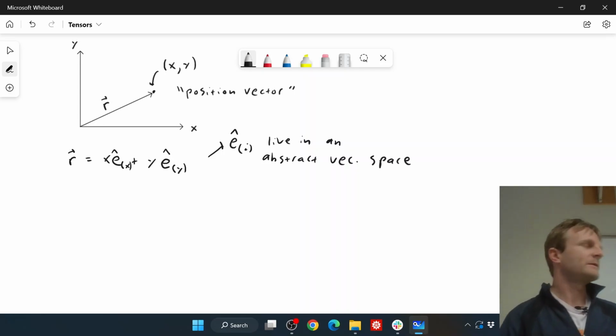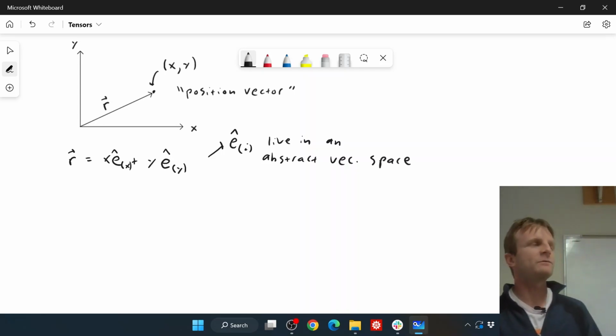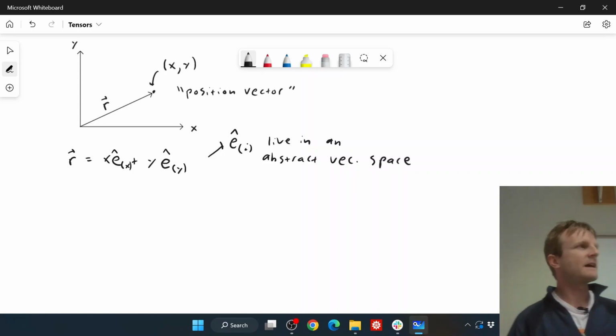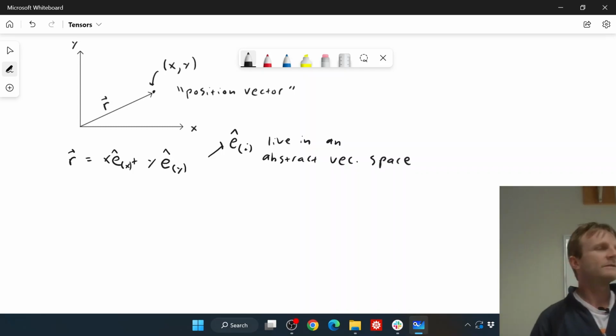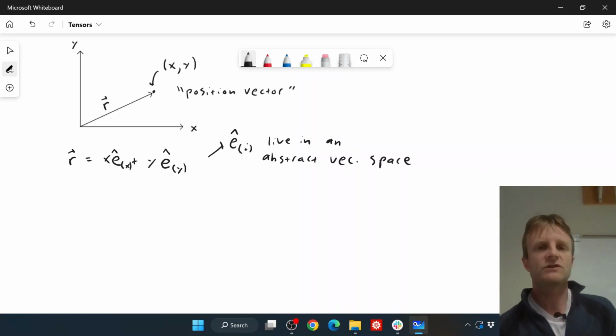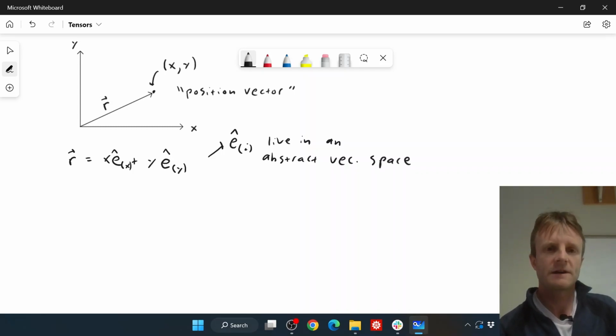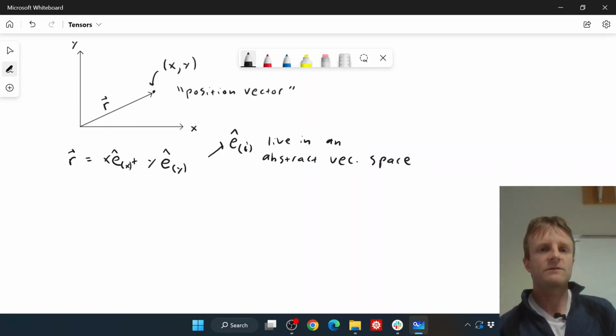So if you remember linear algebra, some axioms. A vector space is a thing with some vectors that you can add together, take linear combinations. There's a zero element. Things are closed under addition and scalar multiplication and so forth, okay? So we think of these as just living in some abstract vector space. And of course, x and y are coordinates on the plane.